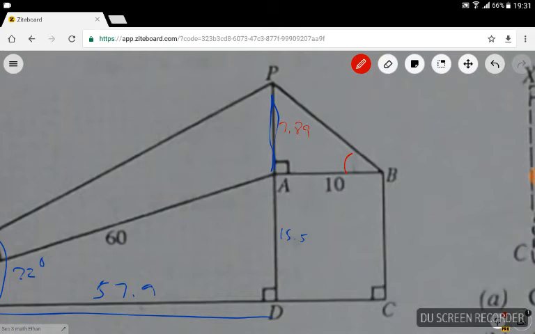Opposite. Tangent again, right? But the working is slightly different this time. Let me write it here. So tangent, okay, let's call this theta. Tangent theta equals opposite over adjacent, so it's 7.89 divided by 10, and theta is equal to tangent inverse of 7.89 over 10.